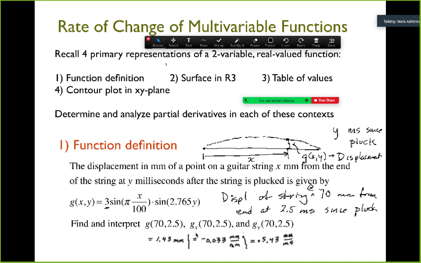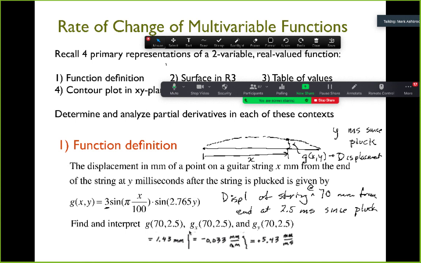Okay, what about this? So now, the partial with respect to x, which we found before, evaluated at 70 and 2.5 is negative 0.033 millimeters per millimeter. Okay, so what does that mean? First of all, what does that mean for variable y?